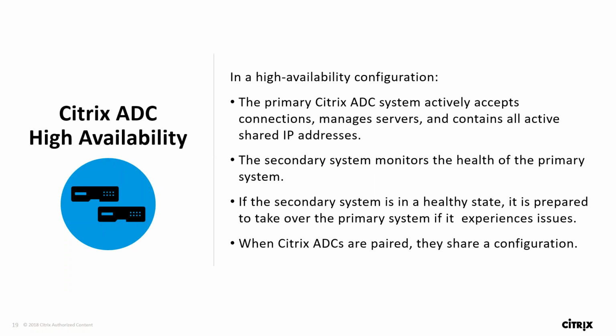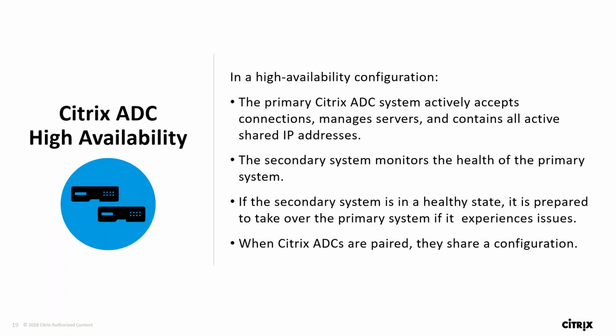An HA configuration is made up of two ADCs working together. Citrix ADC HA is active-passive, as we said a moment ago. HA doesn't cover upstream router failure or back-end server downtime or failure. Paired Citrix ADCs share a configuration.